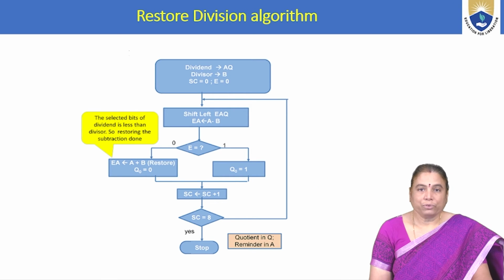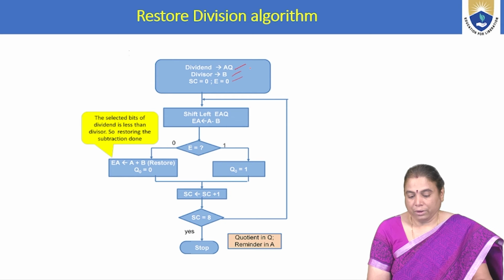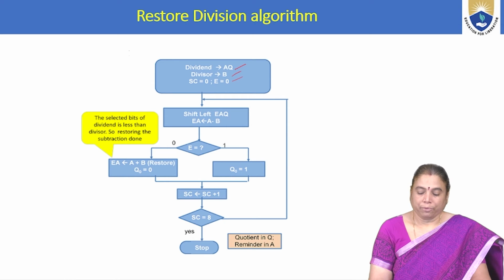So what is the flowchart of this restoring division algorithm? Dividend is stored in the AQ register, divisor is stored in the B register, the sequence counter stores how many bits there are in the dividend, and E is initially stored with the 0 value.